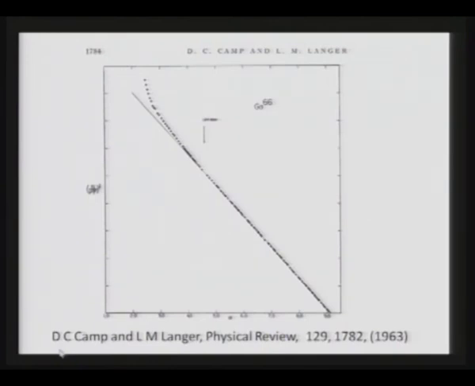This is from D. C. Camp and L. M. Langer, Physical Review, volume number 129, a 1963 paper, and on this side is the function square root of N by p squared F. It is written here, but maybe the letter size is small.